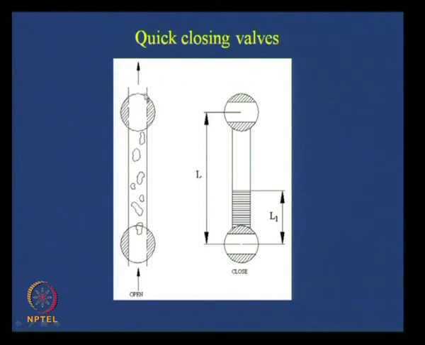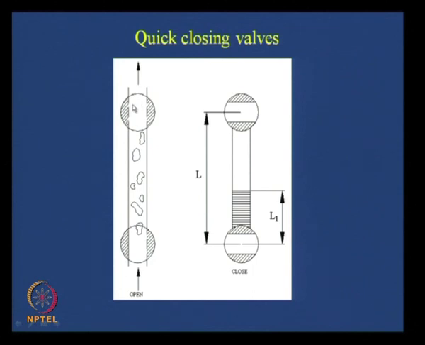Remember certain things, there have to be valves at the top and bottom. Important thing is they should not be obstructing the flow when they are fully open. If they obstruct the flow when they are fully open, then definitely they are going to influence the flow distribution here, the void fraction here, and in that case we will not get an accurate measurement.